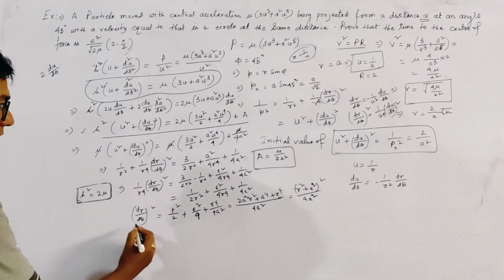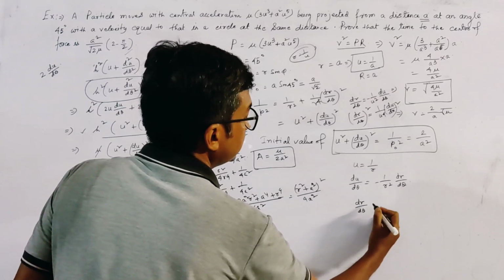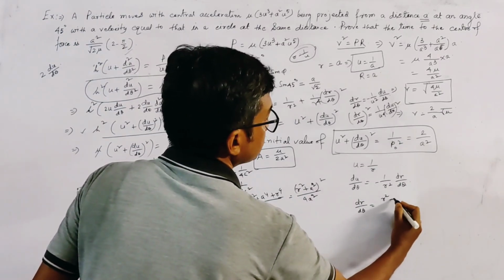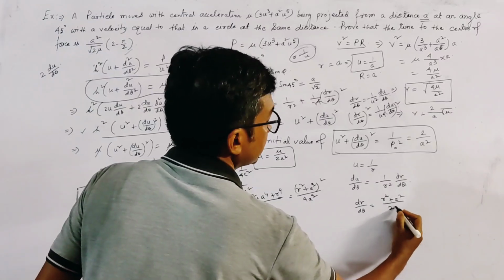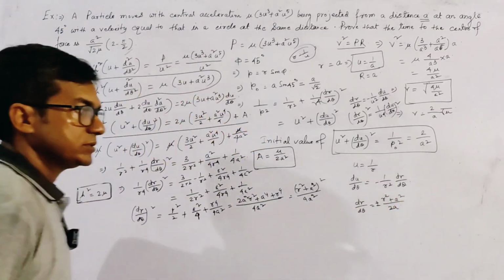Okay, and this result gives dr d theta equal to r square plus a square by 2a, plus minus.